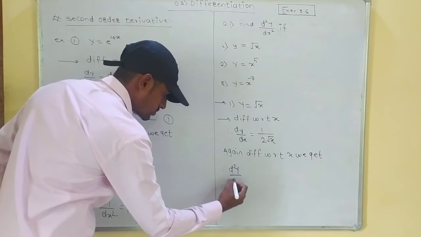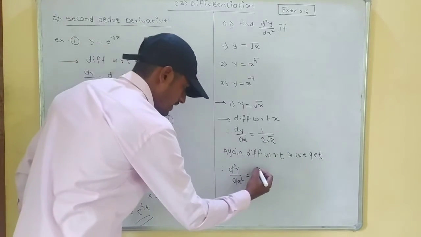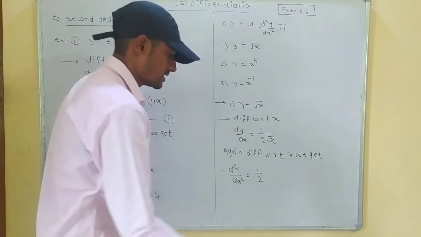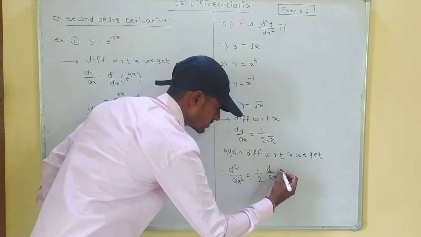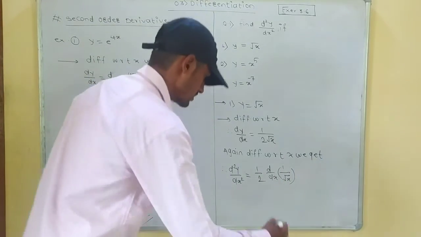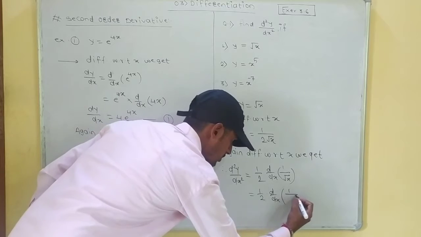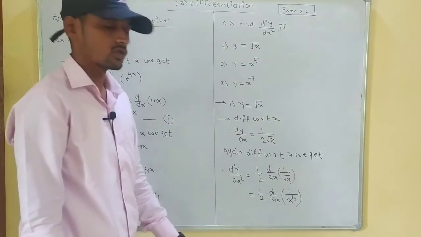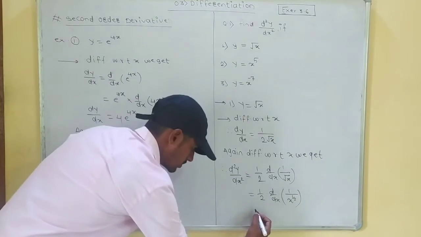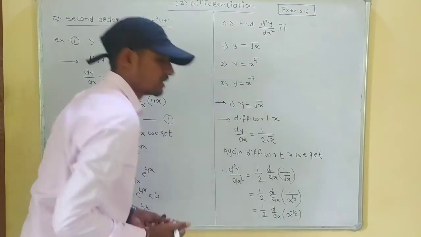Therefore d square y by dx square is equal to 1 upon 2 as it is. 1 upon 2 is the constant part, so write it down as it is, into d by dx of 1 upon root x. 1 upon root x can be written as 1 upon x to the power 1 by 2, right? x to the power 1 by 2 is positive in the denominator, and when it comes to the numerator it will become negative. So 1 by 2 as it is into derivative of x raised to minus 1 half.